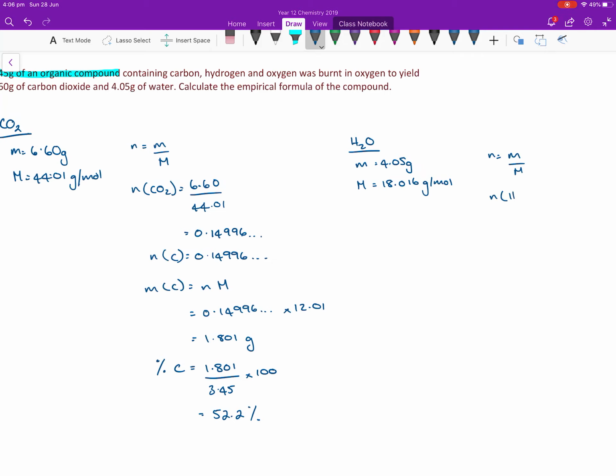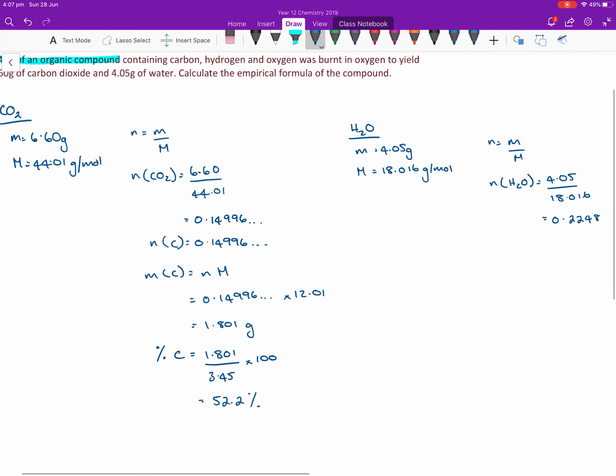So our moles of water will be 4.05 divided by 18.016. So put that in the calculator. Gives us 0.2248. Notice that I'm carrying quite a few decimal places. And if you can, carry them through in your working.